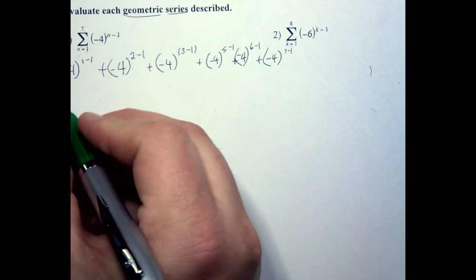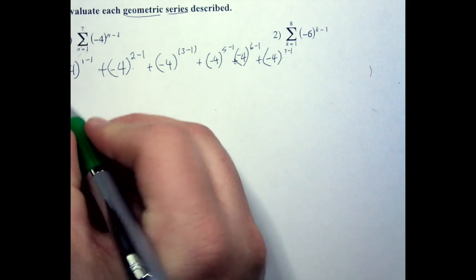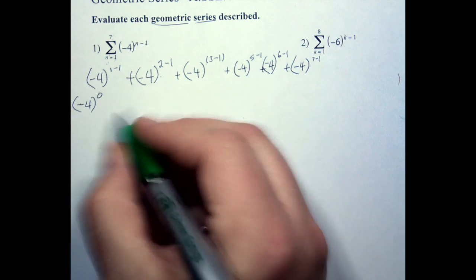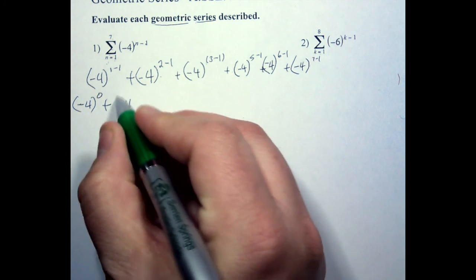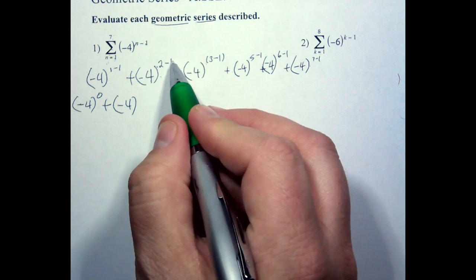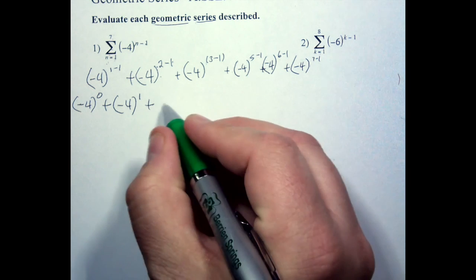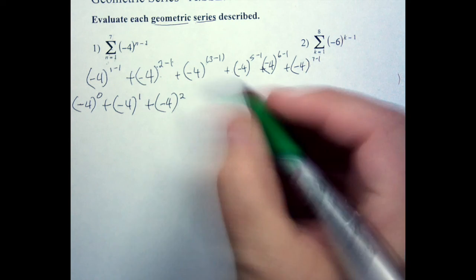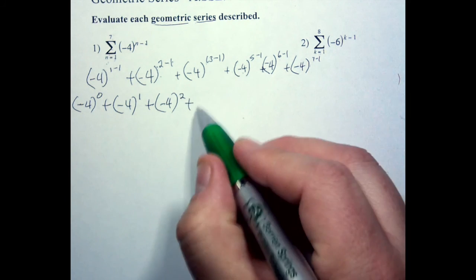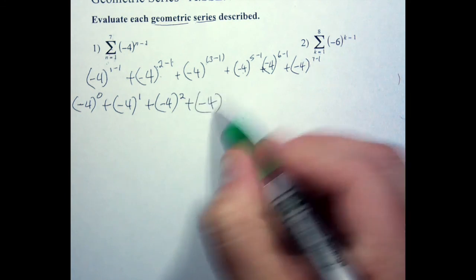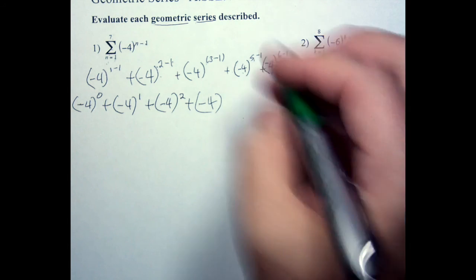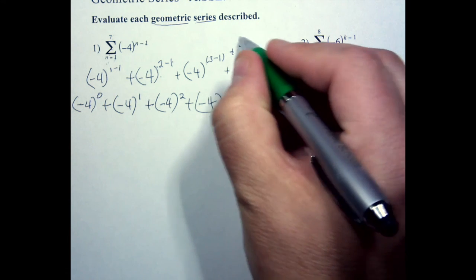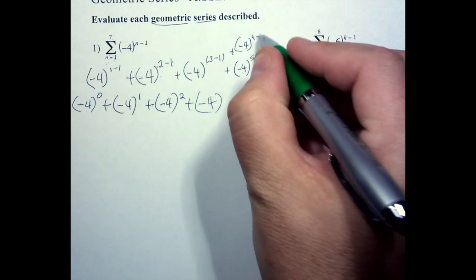Now that translates to negative 4 in parentheses. What's 1 minus 1? 0. Plus negative 4, what's 2 minus 1? 1. Plus negative 4, what's 3 minus 1? 2. Plus negative 4 raised to the 5 minus 1. Oh, you know what? I forgot a 4 minus 1. Somewhere in there should be a plus negative 4 to the 4 minus 1.